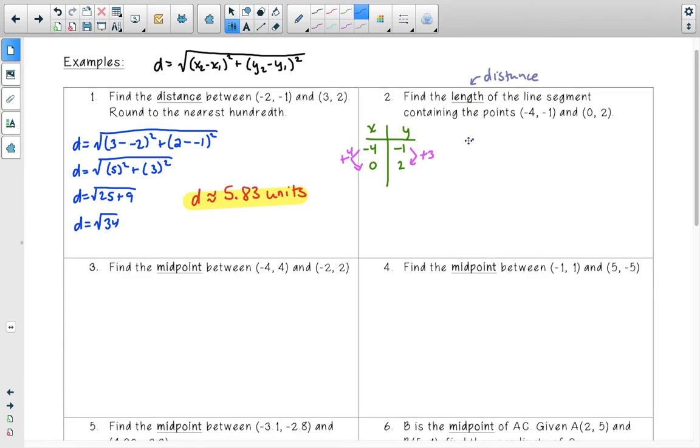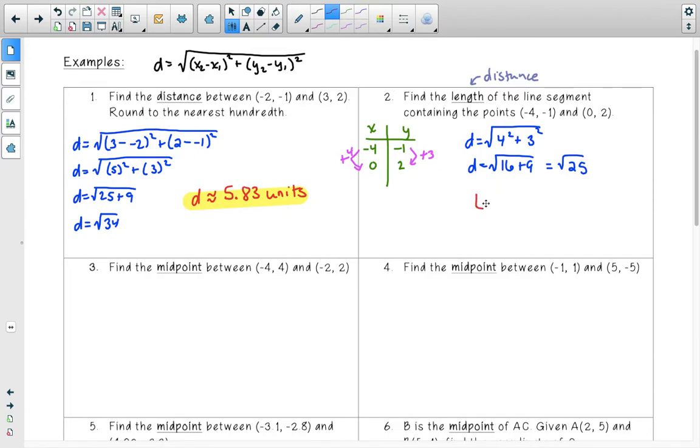Distance is equal to the square root of 4 squared plus 3 squared, which is the square root of 16 plus 9, which is equal to the square root of 25. The square root of 25 is 5.